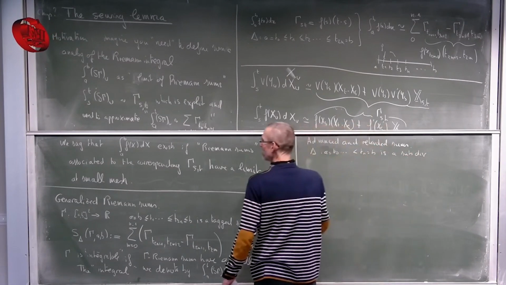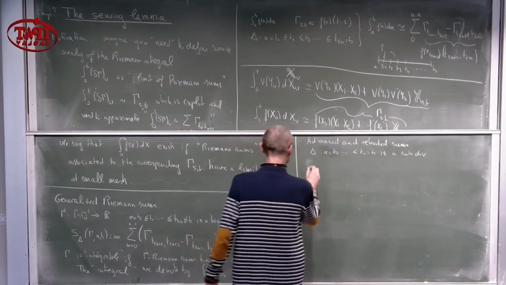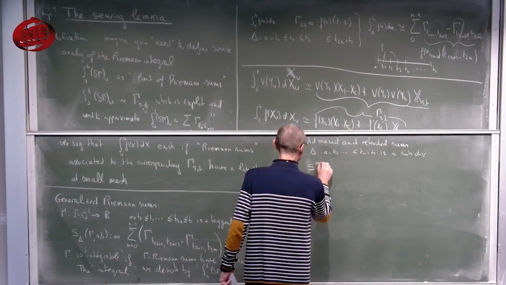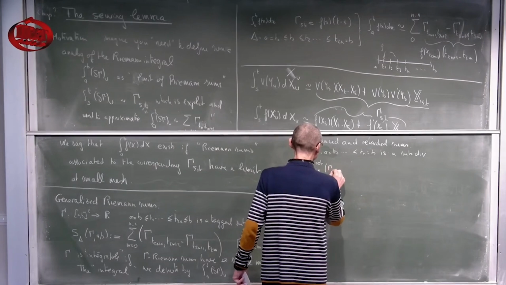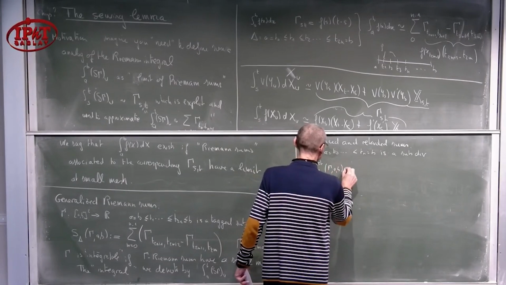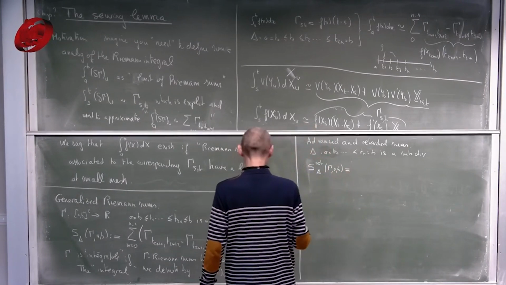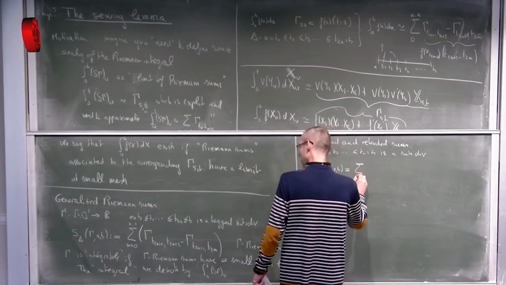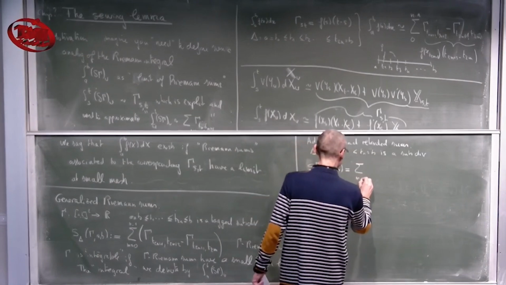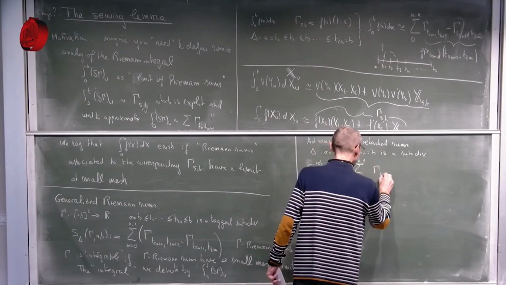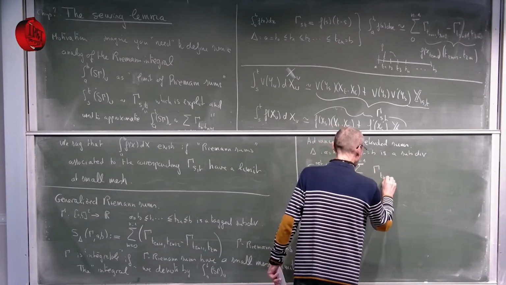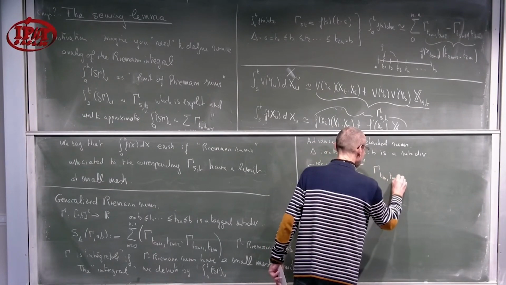And then I would also define the analogs. So this would be S retarded delta of gamma on A and B, and this would be nothing but the sum from m equals 0 to n minus 1 of gamma_{t_m, t_{m+1}}.